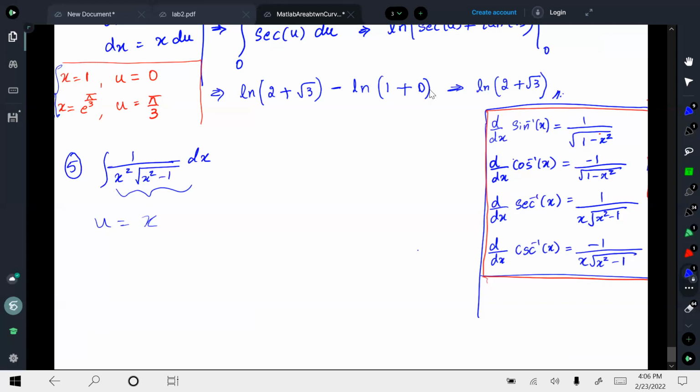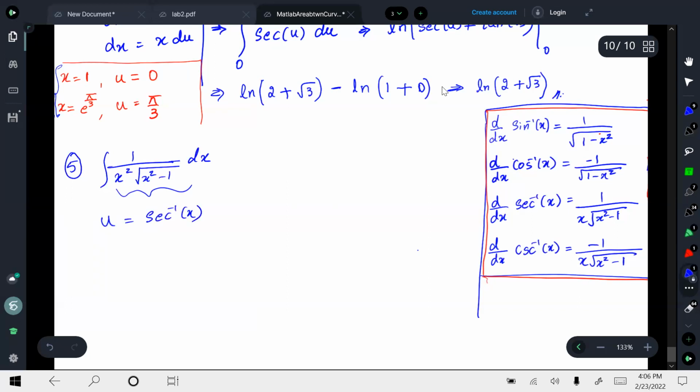Next. Yeah, right. But not secant x, just secant inverse x. So you have to consider u as secant inverse of x.